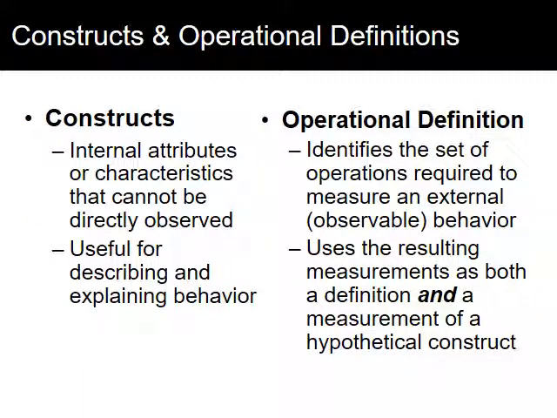And in the last video, we talked about constructs and operational definitions. So constructs being the internal attribute or characteristic that we can't directly observe, something like intelligence or sadness or anxiety.